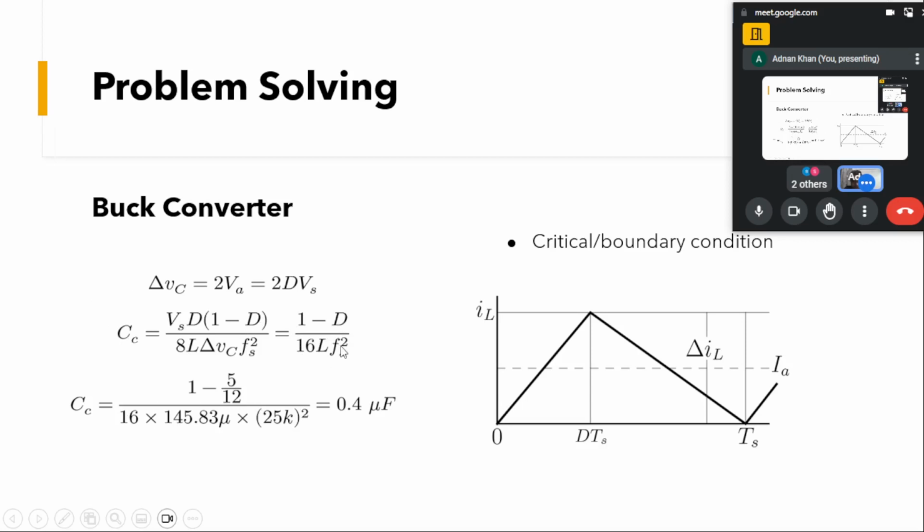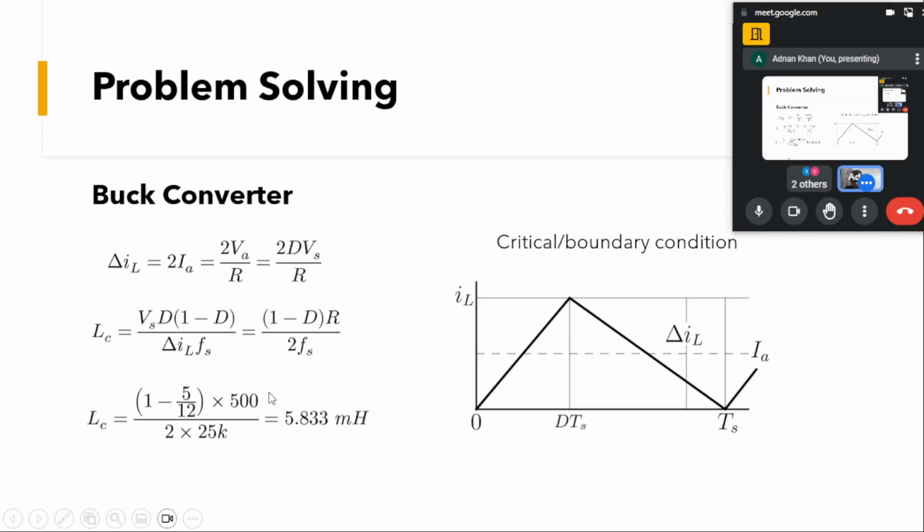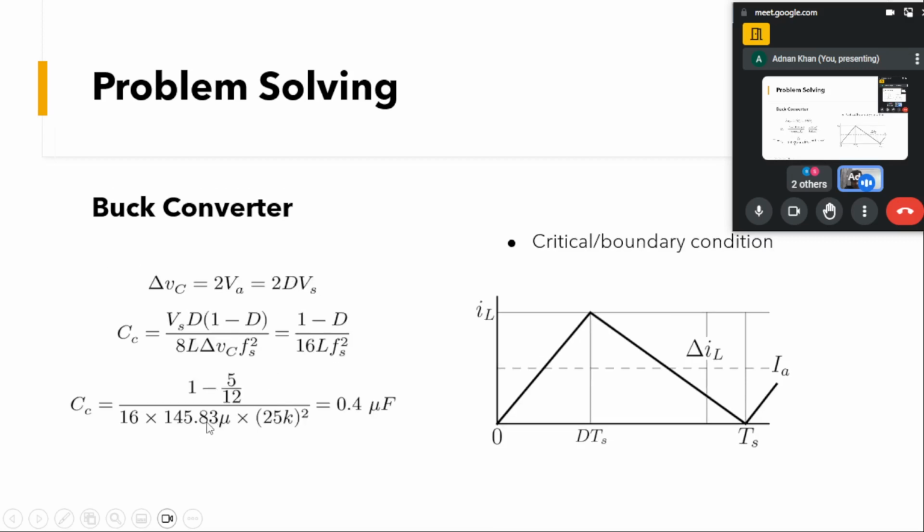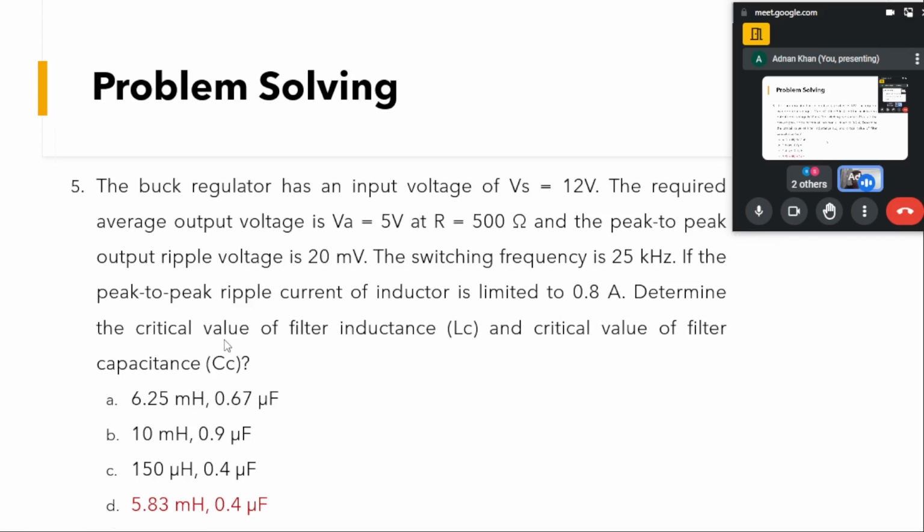And if we substitute the values of D and L that we got earlier, to have this critical condition for C, we get the critical value of C equal to 0.4 microfarad. It is simple.